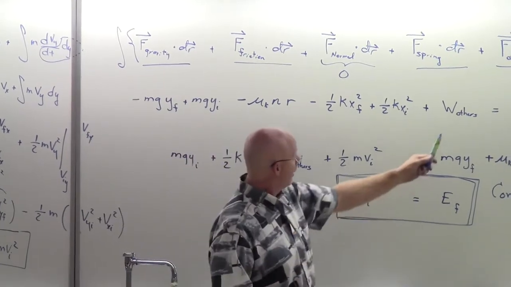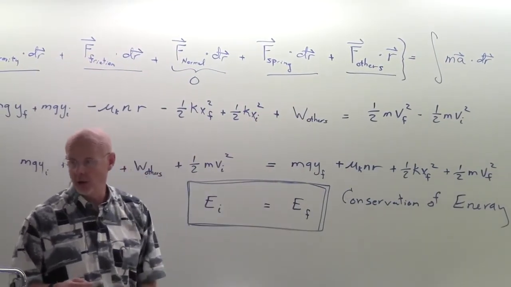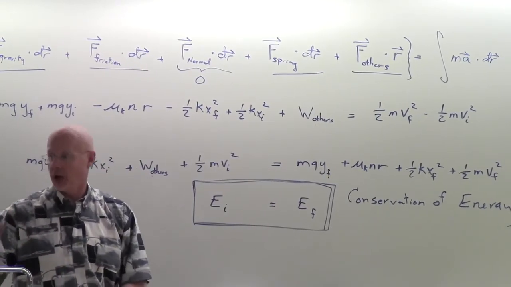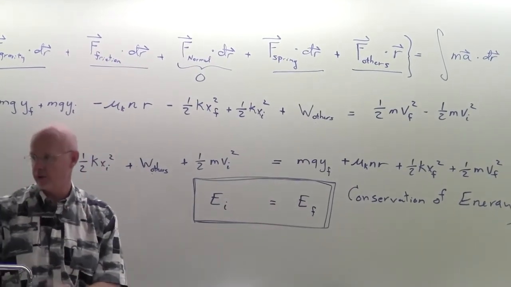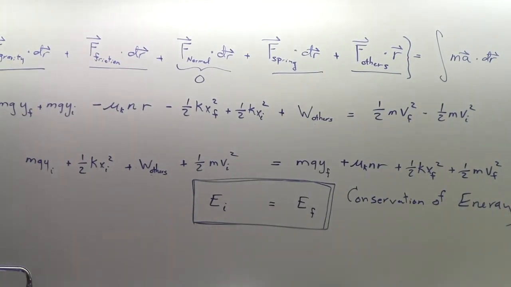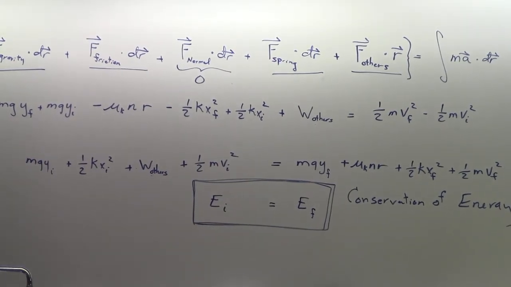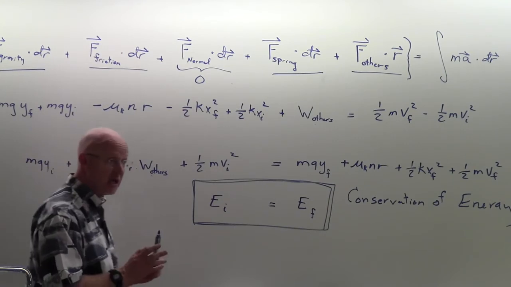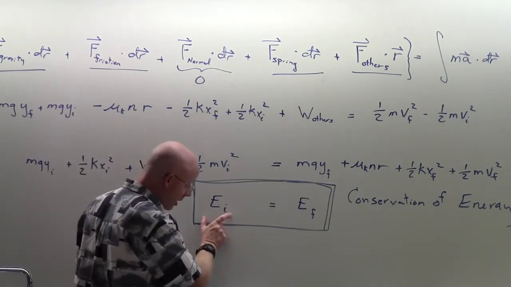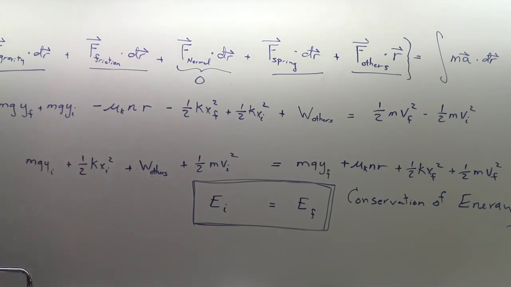Now, over here under others, I haven't actually done the integral. So if we come across anything like that, you probably are going to have to do the integrals. But the other integrals I've already done, so I would encourage you not to redo those integrals, but to go through this and look at it and see what we're trying to say here. What we're trying to say here is the energy you start with is equal to the energy you end with.